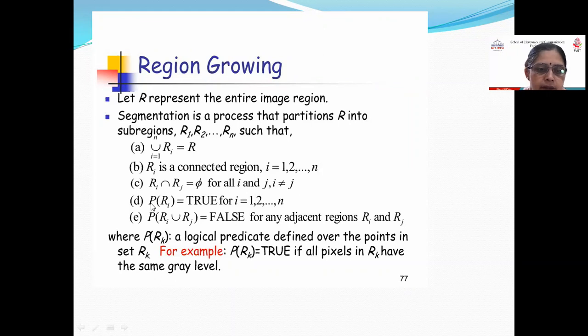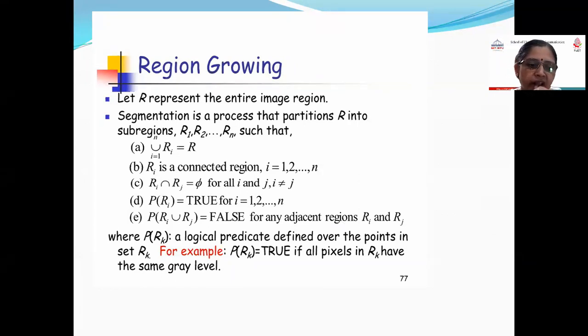Then predicate P(Ri) should be equal to true. So all the points in the given region should satisfy some predefined property, predicate or similarity criteria. Then predicate P(Ri union Rj) should be false. So for any adjacent regions Ri and Rj, the predicate should be different.